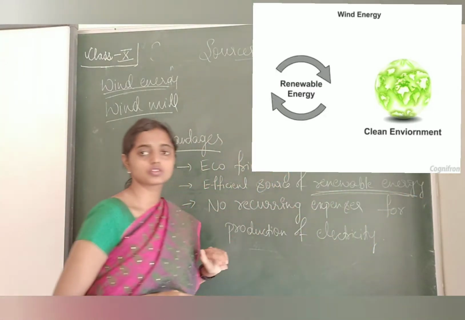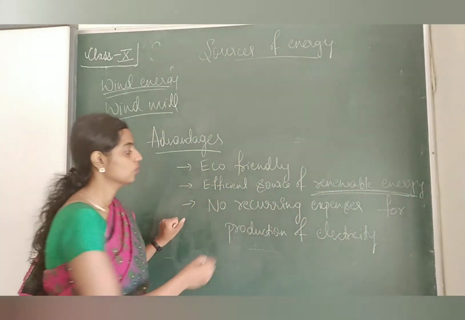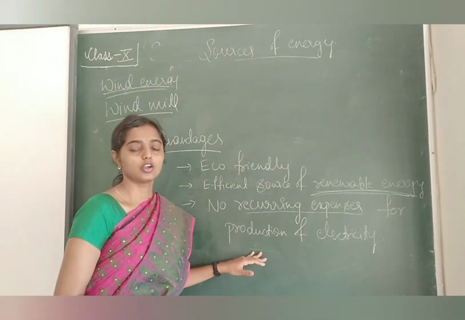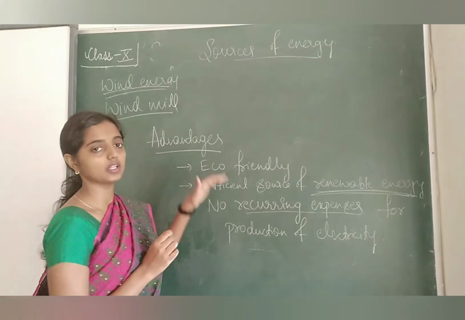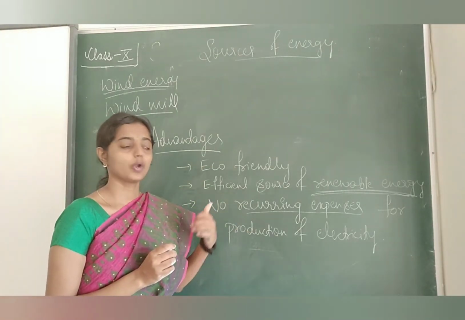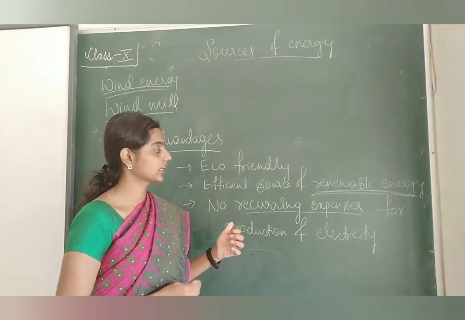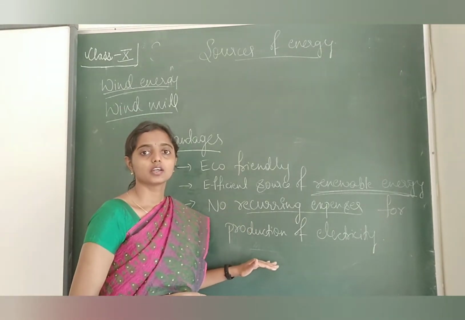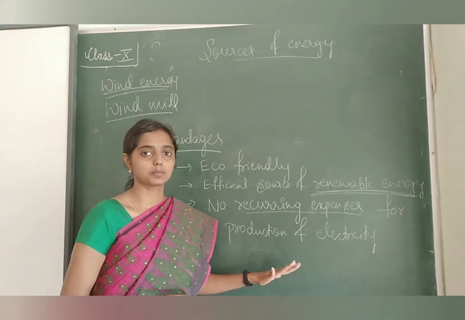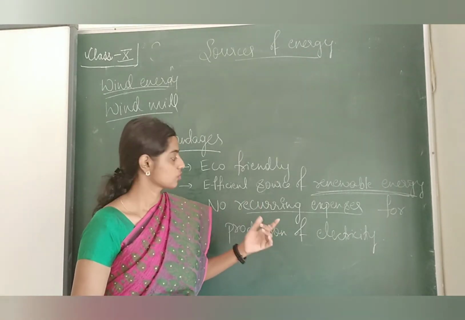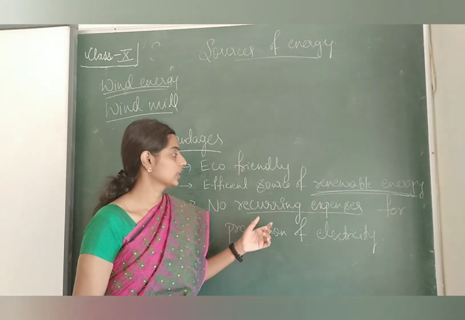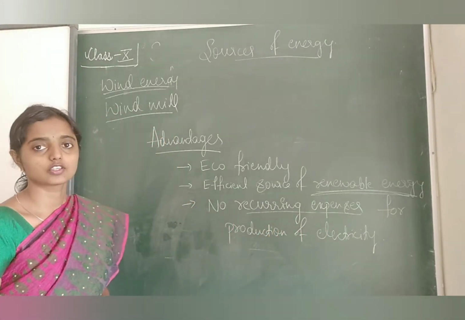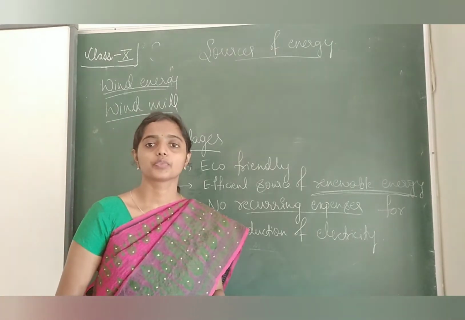No recurring expenses for the production of electricity. Once we place the windmill, we won't get any expenditure for repairing purposes or anything. We'll get only a one-time expenditure, that is at the beginning. So these 3 are the important advantages of windmill. Now let us see about disadvantages.